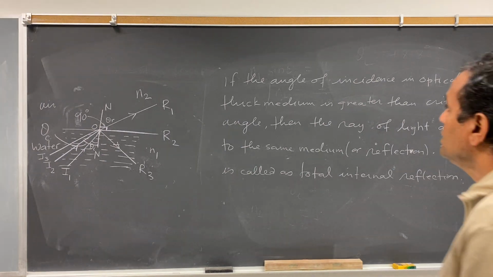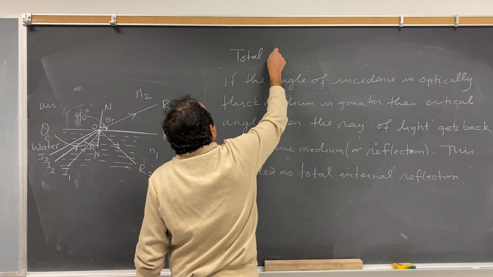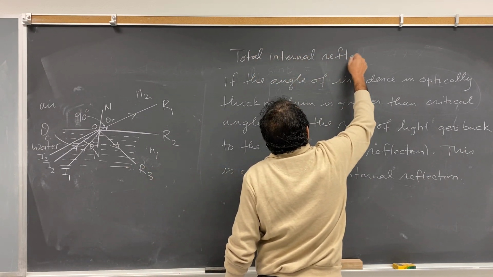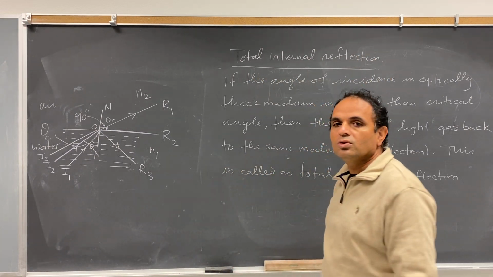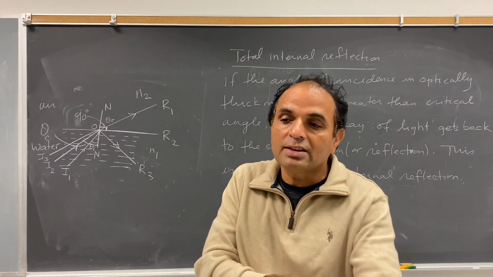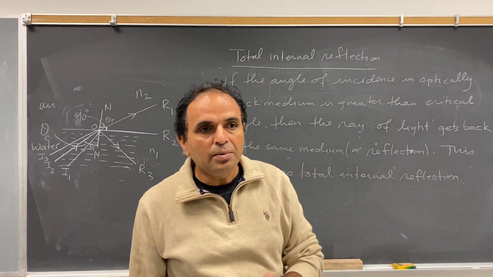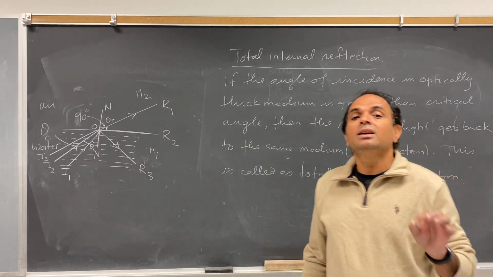This is called total internal reflection. Okay, you need to know this. So the condition is: light must travel from the optically thick medium to the optically thin medium, number one. Number two, the angle of incidence must be greater than the critical angle.